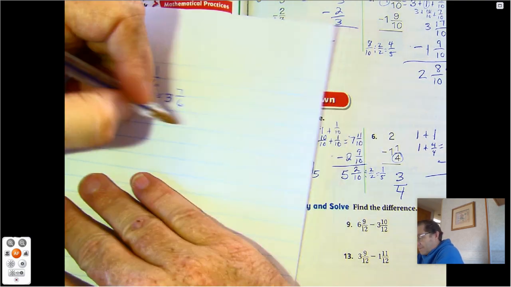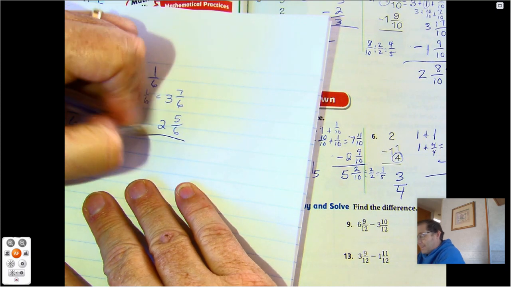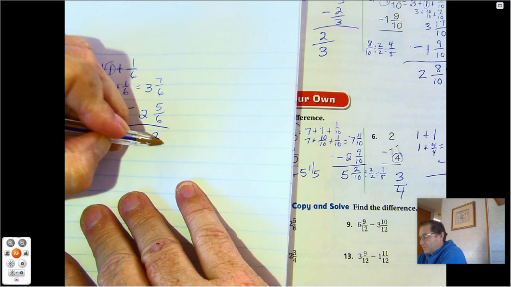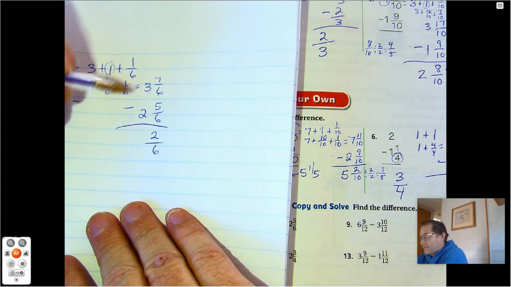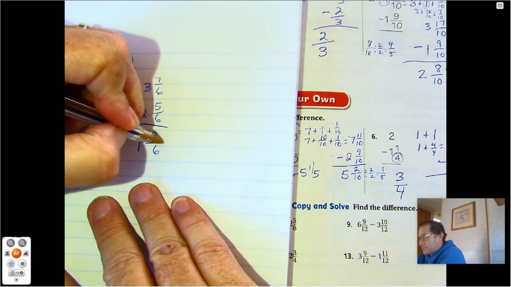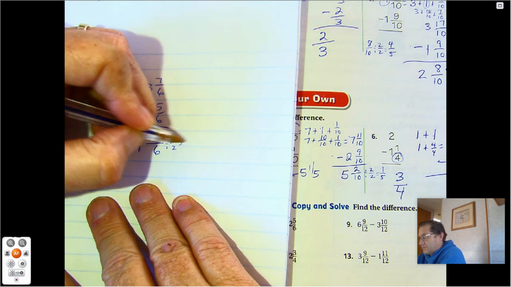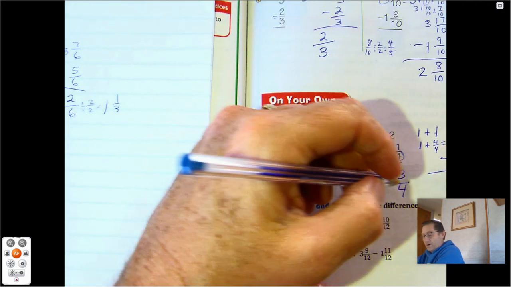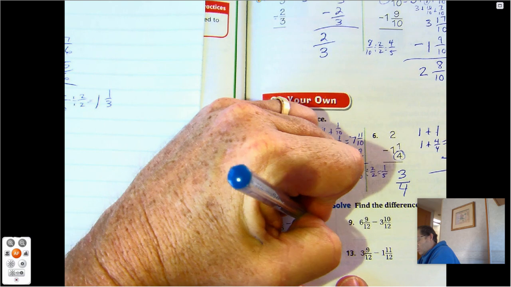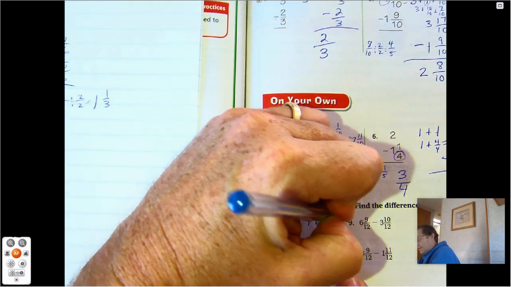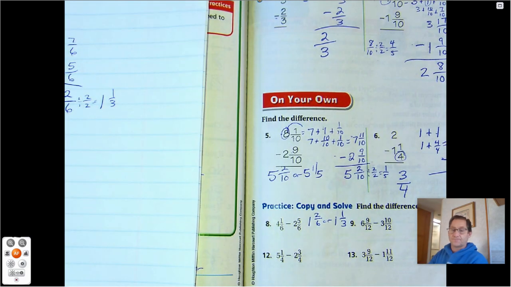So 7 take away 5 is 2. So we get 2/6. 3 take away 2 is 1. 2 is even, so I can reduce by 2. So our answer is 1 and 2/6, or 1 and 1/3.